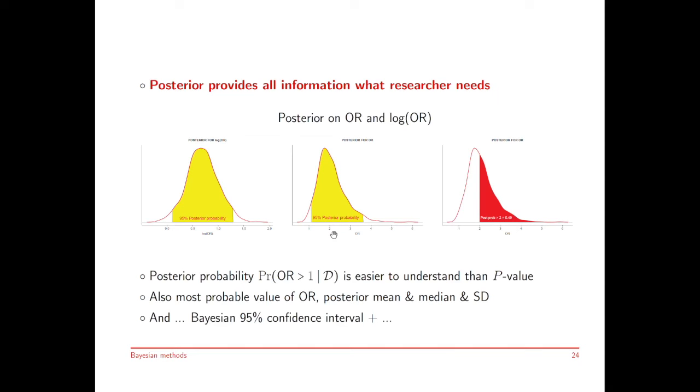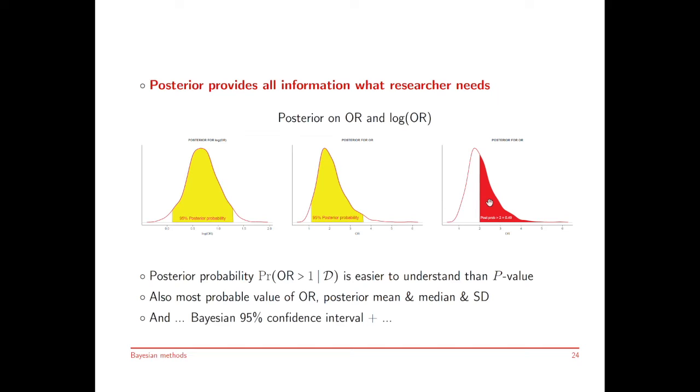In the classical approach, that interval says that when we repeat our study, in 95% of the times the true value is inside that 95% confidence interval. But it doesn't tell us anything about what we believe of that interval, that it should contain the most plausible values.